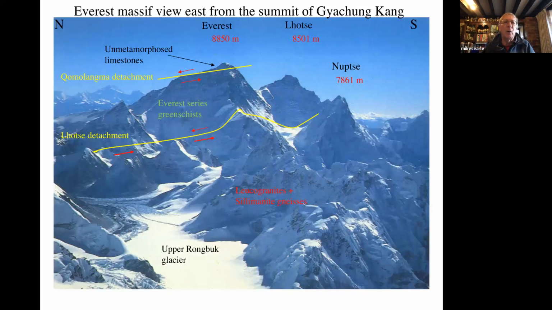So it may be a surprise to some people that the highest mountain on Earth, Everest, is cut by 2 low-angle normal faults. Normal faults are normally associated with regions of extension, like East African Rift, Basin and Range, or the North Sea, somewhere like that. But here we've got the highest peak in the world that's clearly in a compressional mountain belt, has been for 50 million years, still is active today.